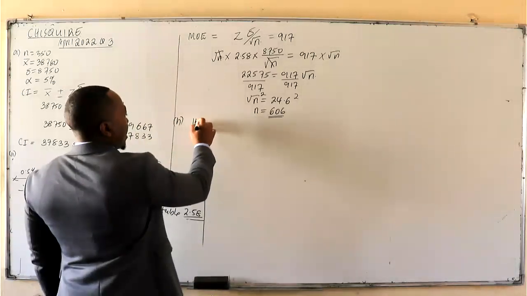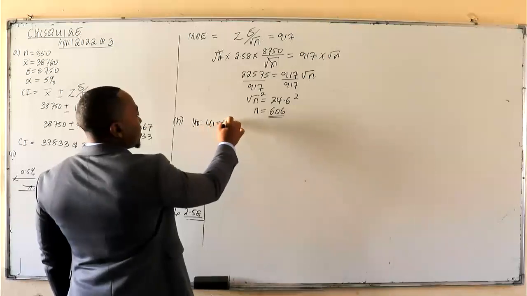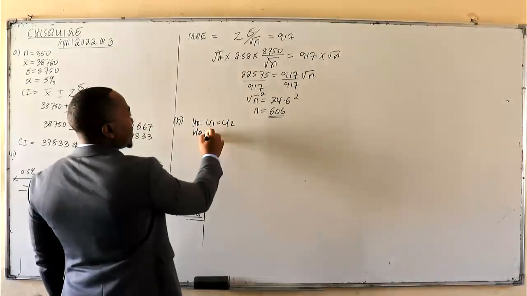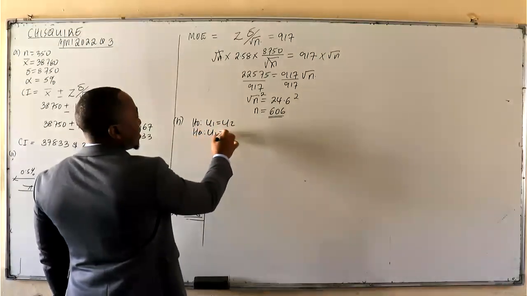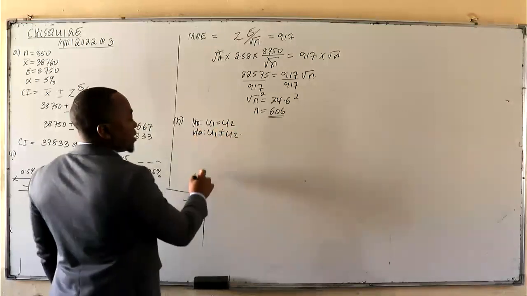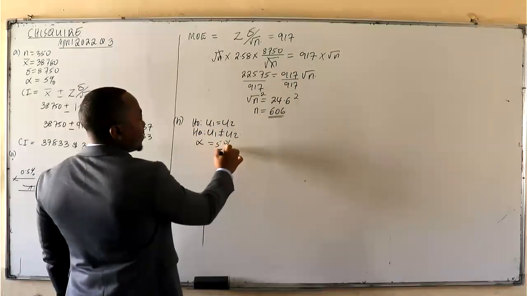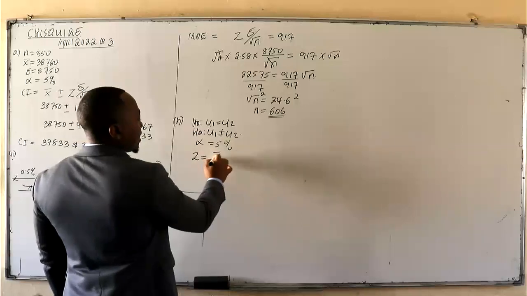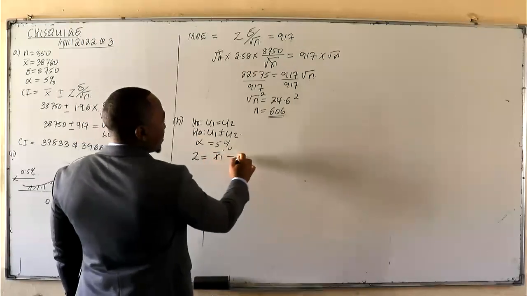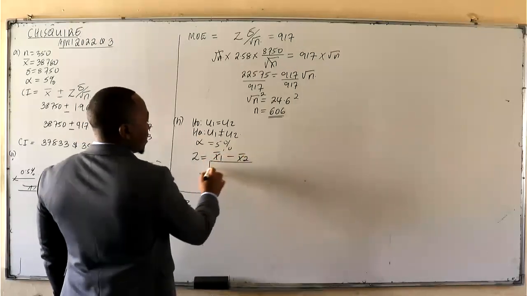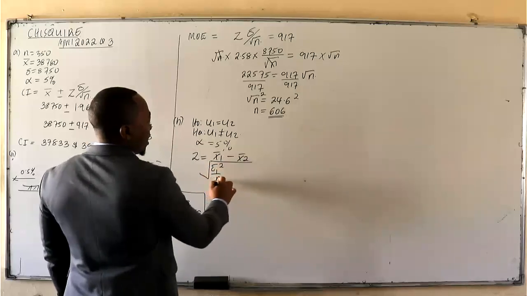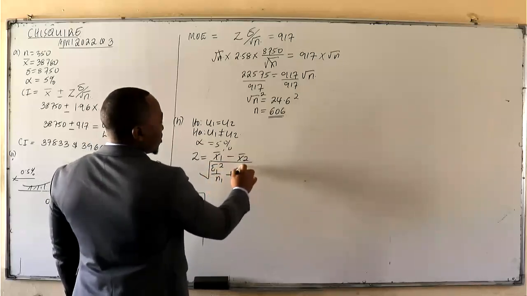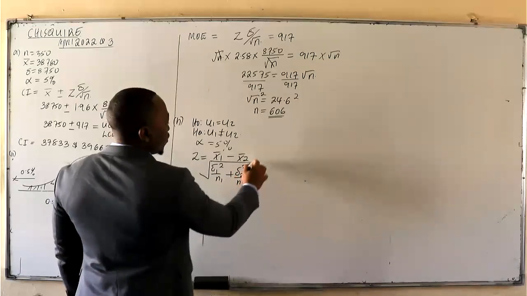So null hypothesis, mean of 1 is equal to mean of 2. Alternate, brand A quality is not equal to brand B quality. Significance level is at 5%. Z statistic: X bar 1 minus X bar 2, over the square root of standard deviation of 1 squared over N of 1 plus standard deviation of 2 squared over N of 2.